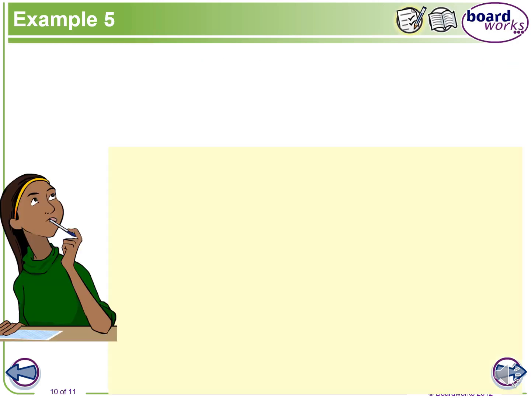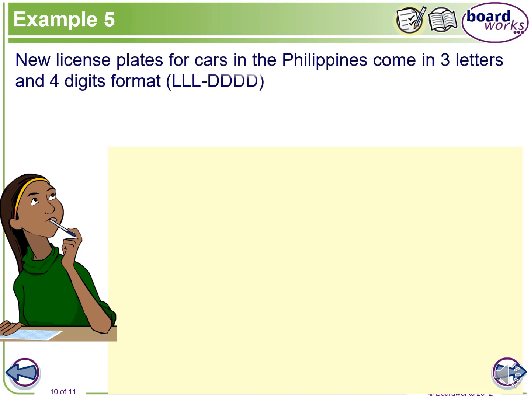How about example number 5? We have here new license plates for cars in the Philippines that come in a 3 letters and 4 digits format, like this one, LTO 1234. These are just one of the examples of license plates in the Philippines having the format of 3 letters and 4 digits.